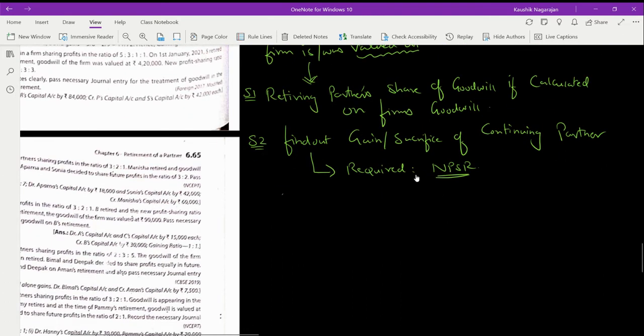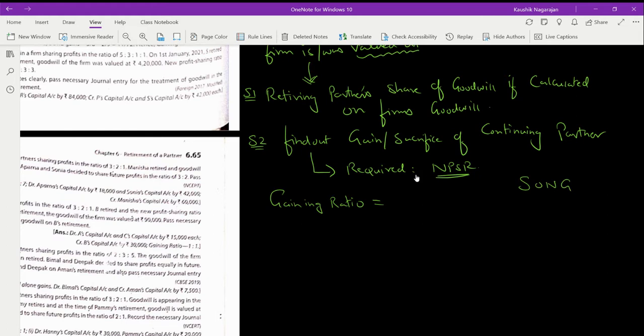And remember the formula to find out the gaining ratio. You can remember the mnemonic, and with that also you can find out the formula.